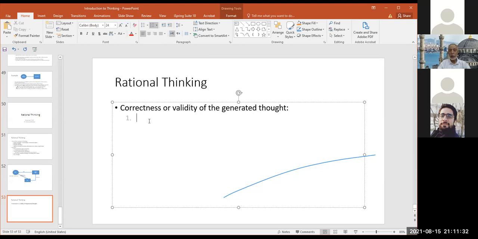The first: did the subject reach the brain correctly? Meaning, did you really see it? From what angle? Assuming that I'm talking about seeing something. From which angle?